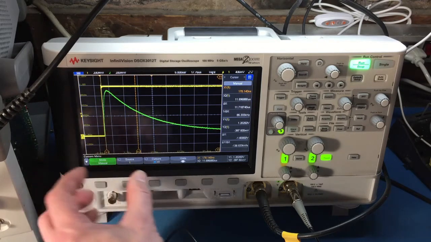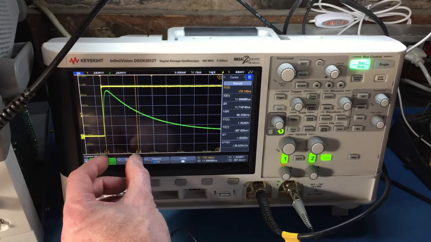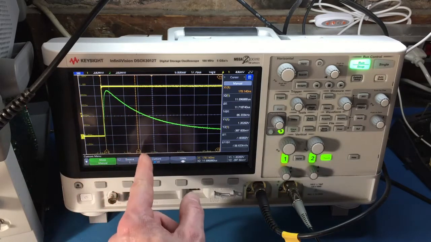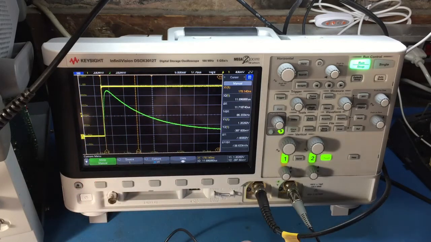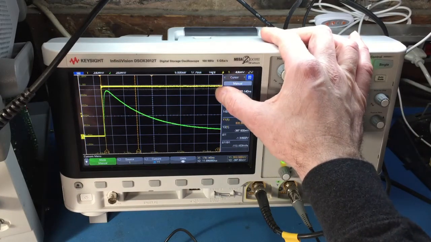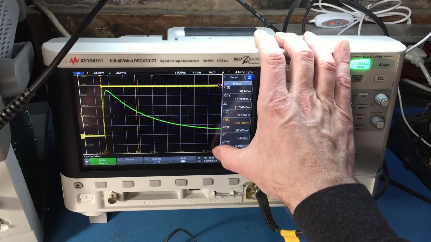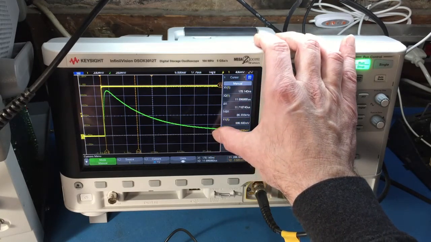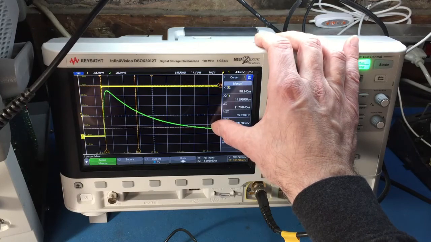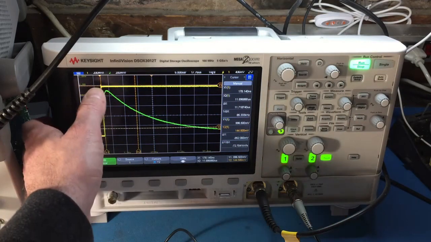So with these, the oscilloscope will calculate the time between the X2 marker and the X1 marker. There are also Y cursors. I could grab that one and move it, say, there, and I have the other Y2 cursor right there. So we know that our step function is going from 0 to 1 volt.